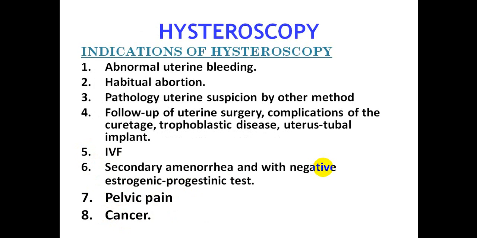Another type of endoscopic surgery is hysteroscopy, viewing the endometrium of the uterus. Indications of hysteroscopy: abnormal uterine bleeding, habitual abortion, pathology of the uterus suspected by other methods, follow-up of uterine surgery, complications of curettage, trophoblastic disease, uterine tubal implant, IVF, secondary amenorrhea with negative estrogen progesterone test, pelvic pain, cancer.